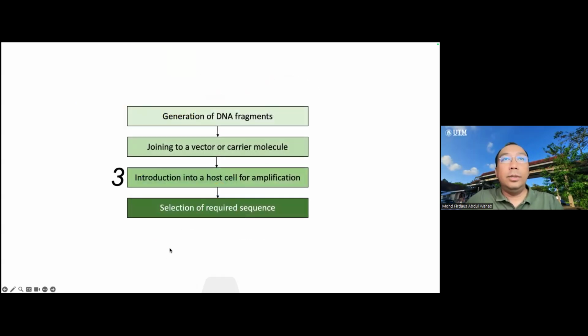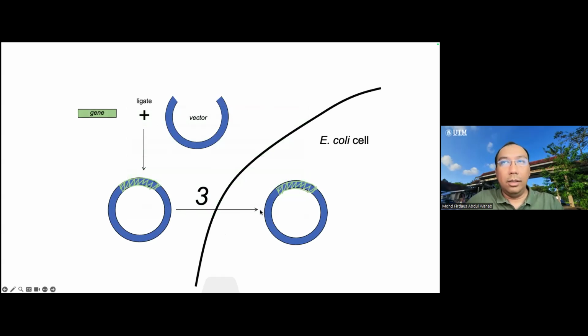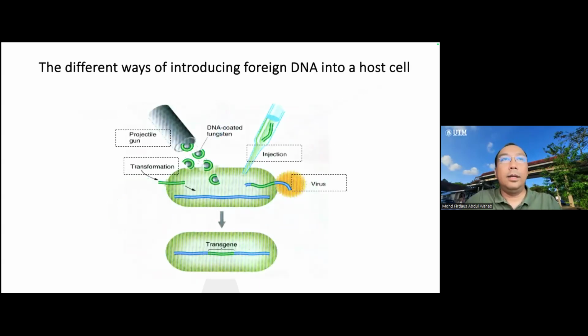So once you have joined your gene of interest to the vector or carrier molecule, then you can introduce it into the host cell for amplification. So in my case, I use E. coli a lot as a host cell. So then we can do what we call transformation, transforming the recombinant molecule into the E. coli cell. And there are many ways to introduce the recombinant molecule into an E. coli cell. Commonly used one would be transformation.